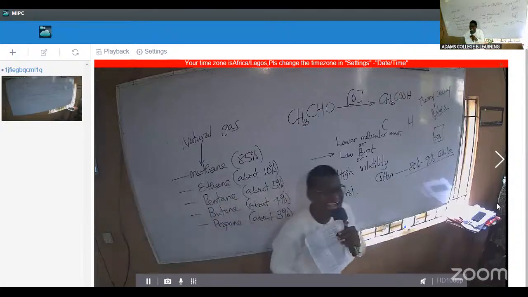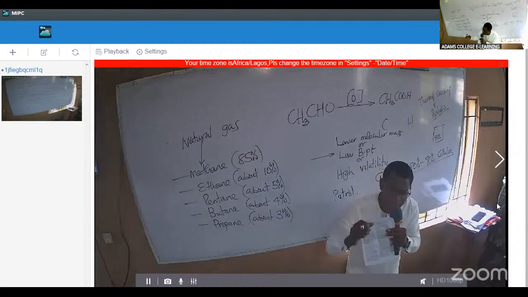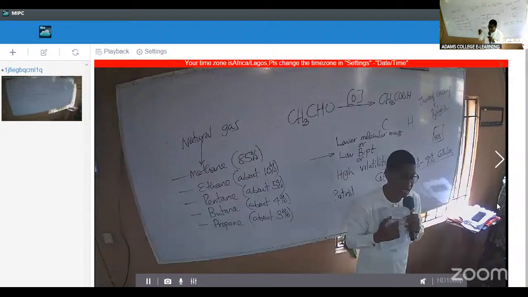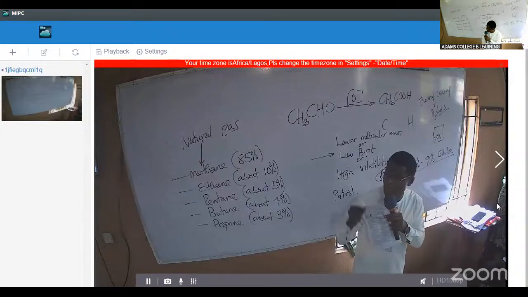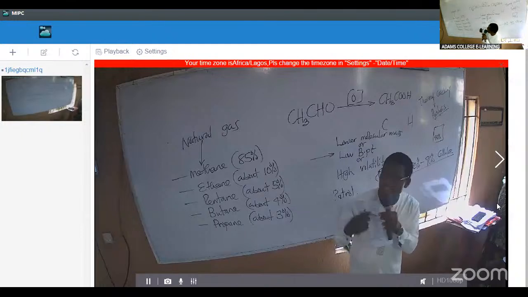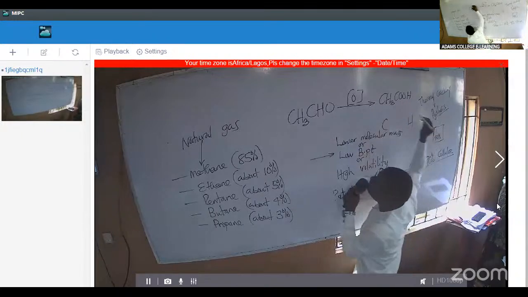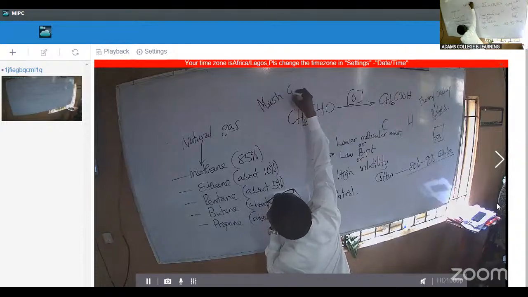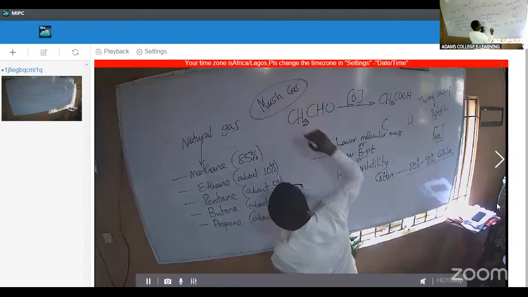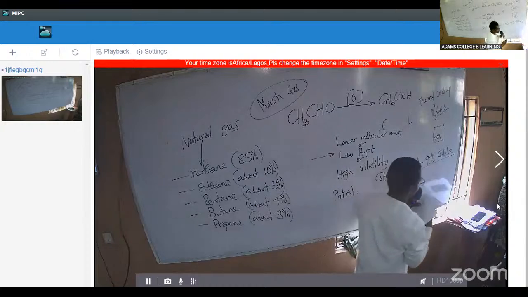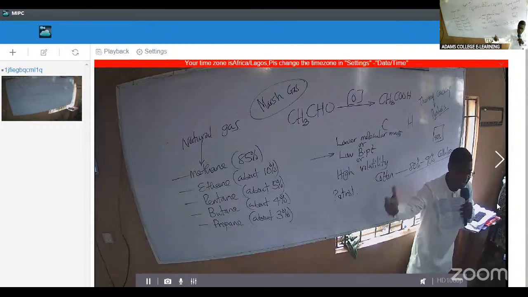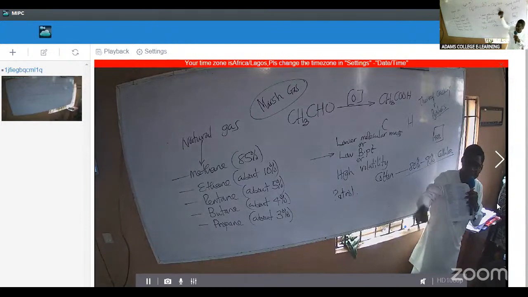Which gas is responsible for fatal explosion in coal mine? Methane. Which gas is called marsh gas? Methane. Where is that marsh coming from? Swamp. Very good. If you go to some places where they are carrying refuse, you see some gases coming out like this.